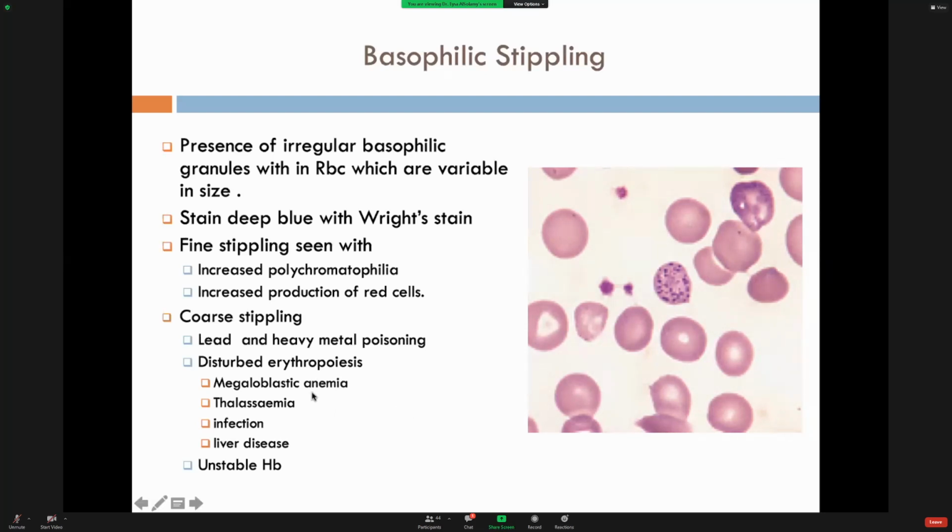You can see it with megaloblastic anemia, thalassemia, infection, liver disease, and unstable hemoglobin. لكن this is an example for basophilic stipplings. أنا ما راح أسألك في الديتيلز content how it looks like، لكن ممكن أسألك عن basophilic stippling إذا جبت لي lead poisoning it's enough، megaloblastic anemia it's enough.